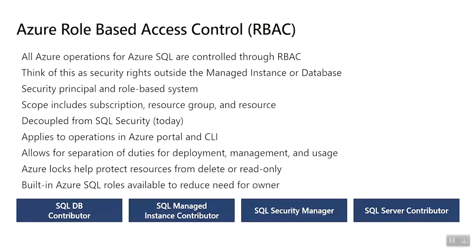So a security principal is an object that represents a user, a group, a service principal, or a managed identity that is used to request access to a particular Azure resource. A role definition, I often just call it a role, is a collection of permissions. And a role definition lists the operations that can be performed, such as read, write, delete.